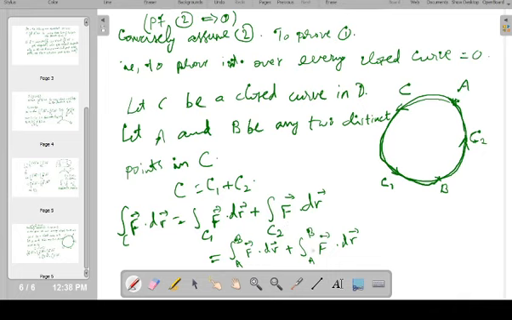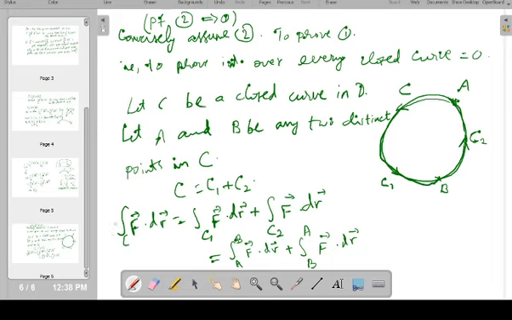It is B to A, right? So the integral over C f dot dr.